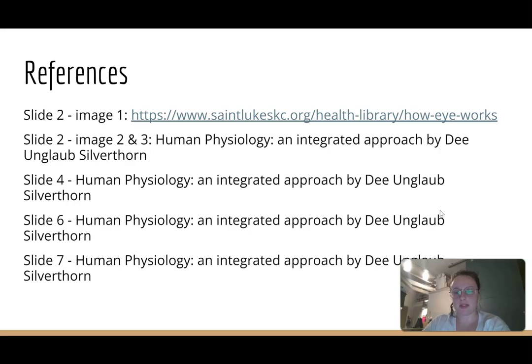Finally, here are my references for the images. And then as my student worksheet, I kind of like to get into arts and crafts a little bit, just to take my mind away from reading for a bit and do some more motor neuron work. I actually drew up a sun for hitting an eye, the light.